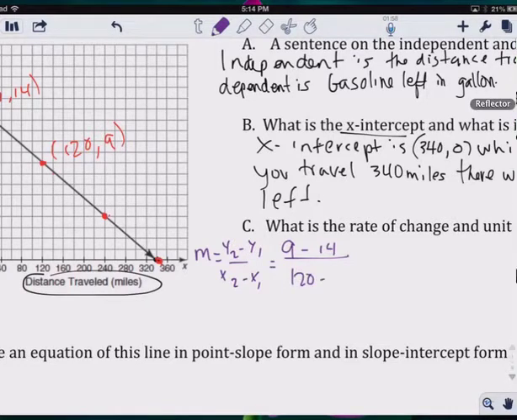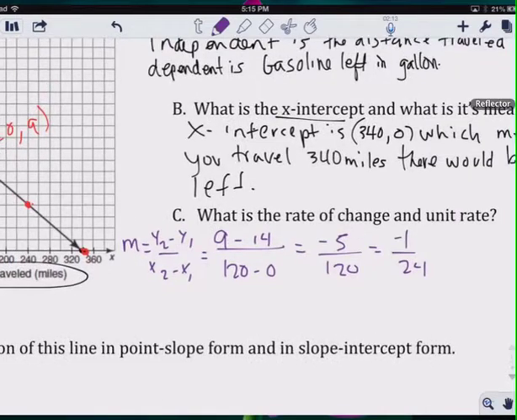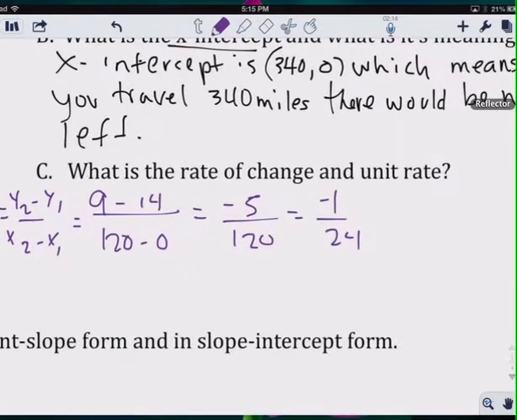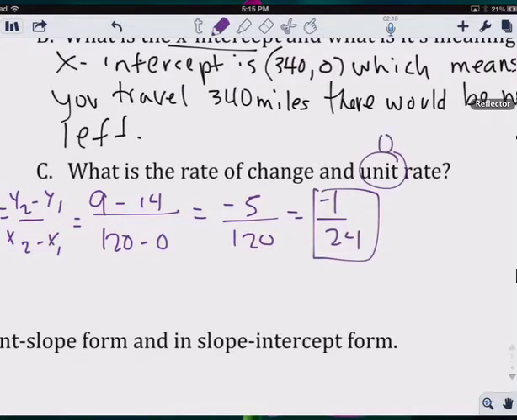So you get negative 5 over 120, or reduced to negative 1 over 24. The unit rate is the rate of change. Unit, remember, is 1. So the bottom number needs to be 1. So to divide this, you get negative 0.04 over 1.